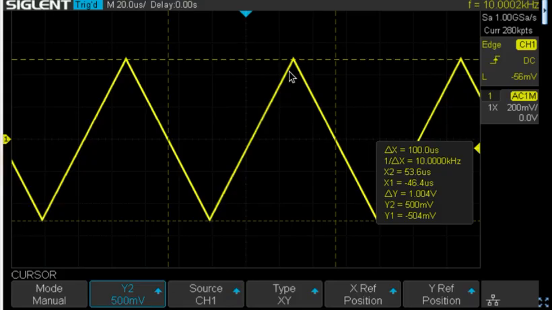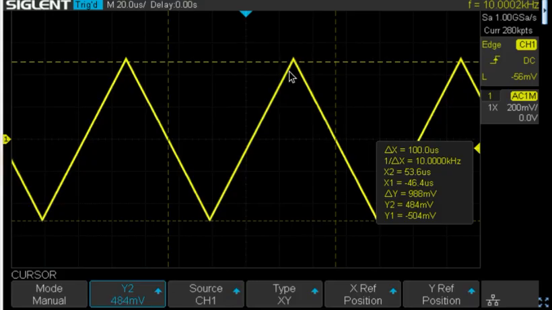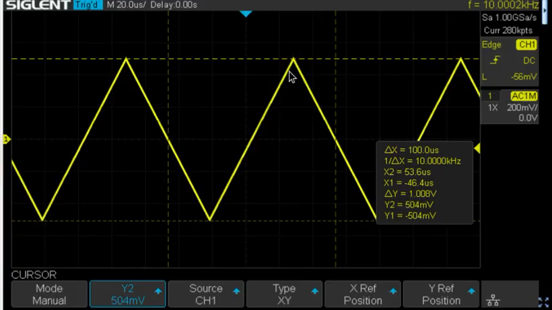So we're going to move this down. Okay, now, so if it's 1 volt peak to peak, maybe it's easier this way. That means the peak voltage is 500 millivolts, and 10% of 500 millivolts is 50 millivolts.